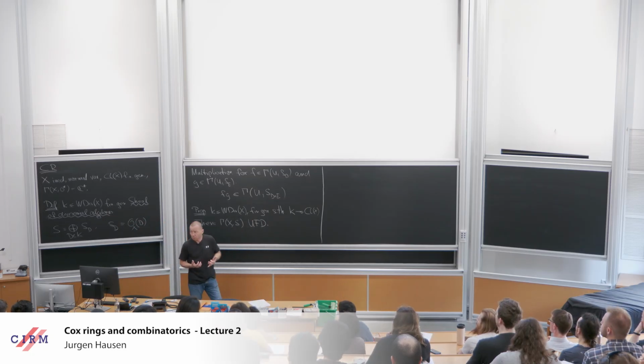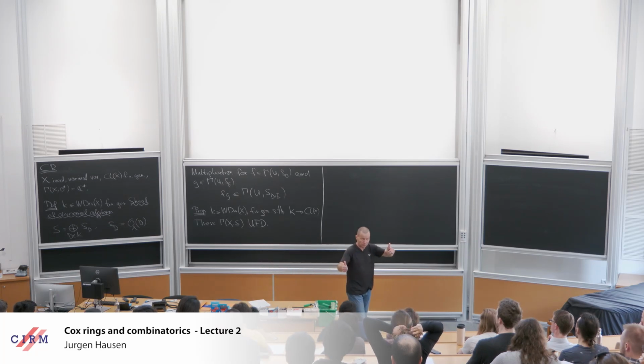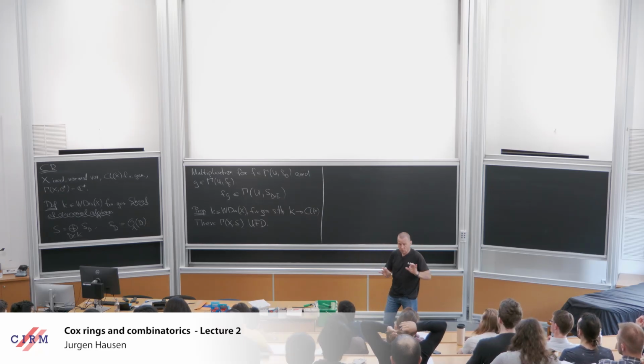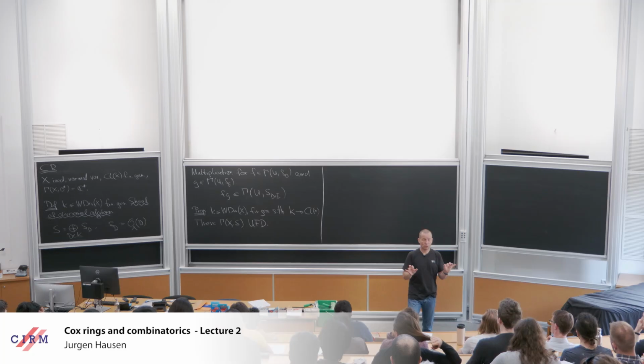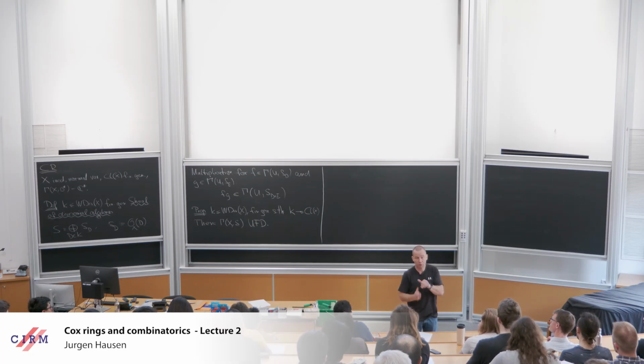The problem is that you could have divisors in your group which are linearly equivalent to each other. That is not a problem, but it means that in this concept we have redundancies. We are looking for something more universal. That means we have to get rid of the redundancies. And that is possible, and that is our next construction.